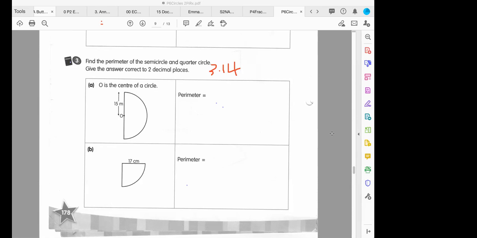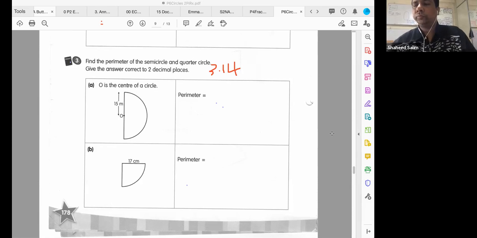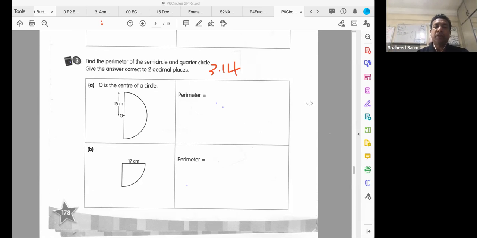43.69. But you must add 17. You only need to add 17. There's 17 here. You must also add this 17 here.